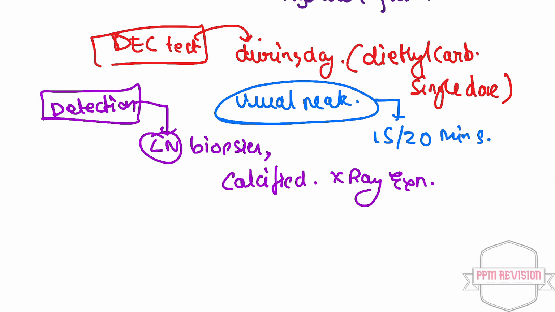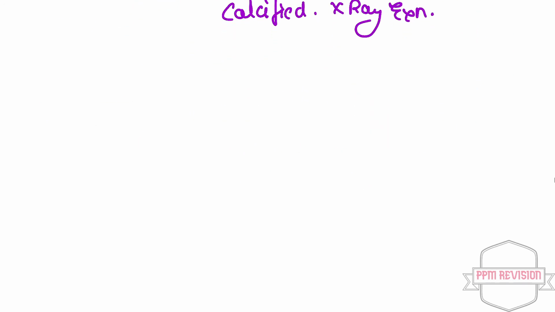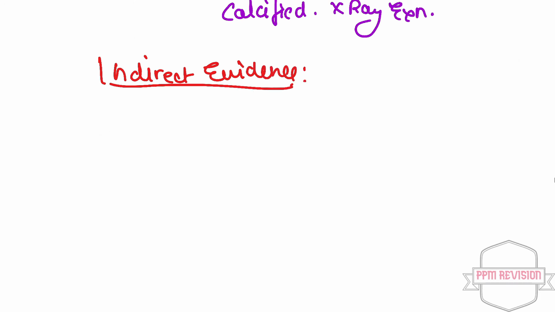So next we are looking at indirect evidence. Here eosinophilia is noticed, and it is due to the allergic reaction to antigens.